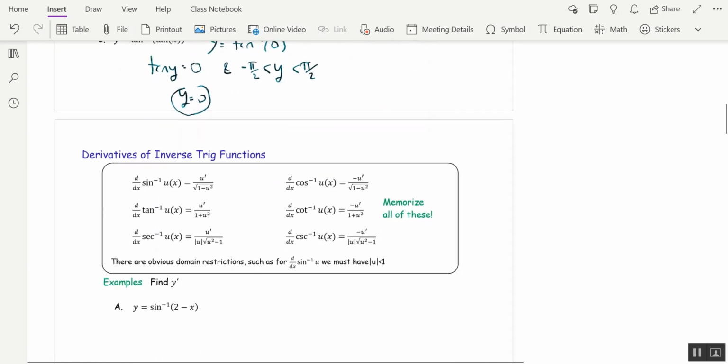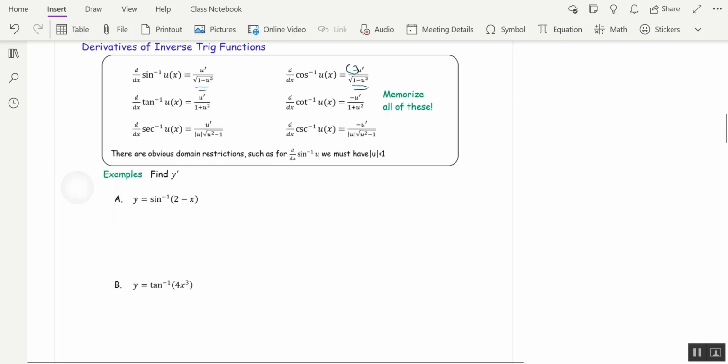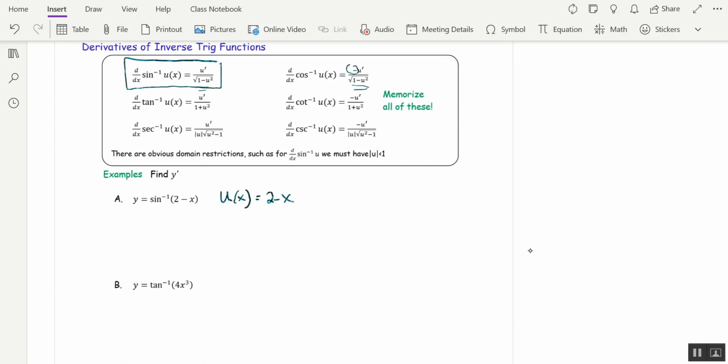Okay, derivatives. We memorized these last semester. Here are the derivatives for the 6 inverse trig functions. The second column you get for free because, if you look at these formulas, they are the same as the formulas in the first column except with a minus sign. All right, let's take some derivatives. Here in the formula for the derivative of sine inverse of u of x, my u of x is 2 minus x.